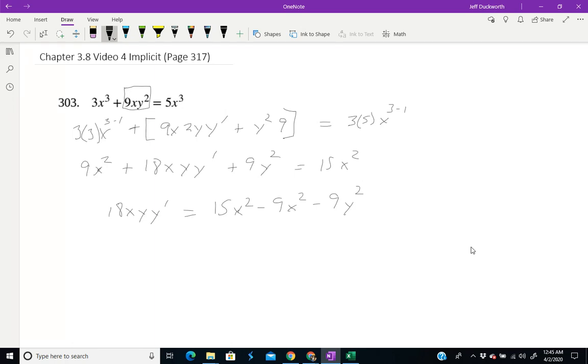So we're going to divide by 18xy, over that 18x times y. And we've now solved for y prime, and we're done. We don't know what y is. y could be anything, so we don't worry about that.